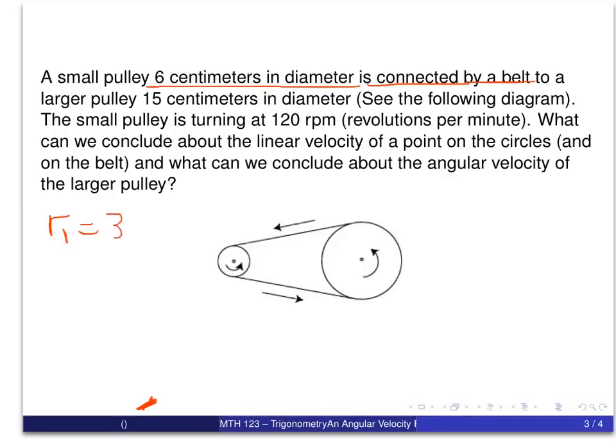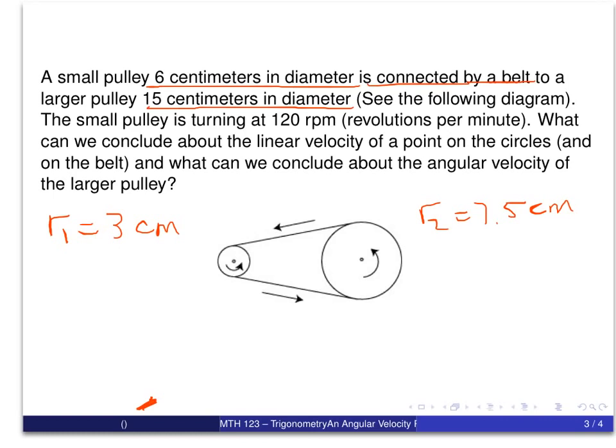We're using an R sub 1 here because we have two pulleys, and this will keep the values for each pulley separate. And again, the larger pulley has a diameter of 15, so its radius is 7.5. And of course, these are all measured in centimeters.